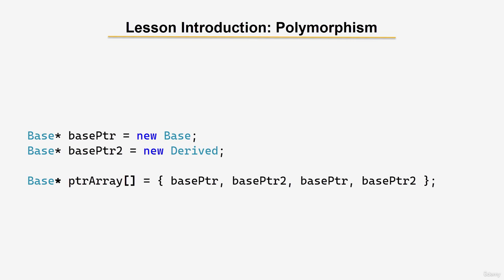And with the addresses assigned appropriately, of course we can iterate through those arrays then, and then again through polymorphism, through using virtual functions, the appropriate member functions will get invoked based on the object that the pointer is actually pointing at. So this is one of those limitations that we can work around using pointers to a base class type. And then again, we can have pointers to derived class types within an array, as we'll see in an upcoming lecture.